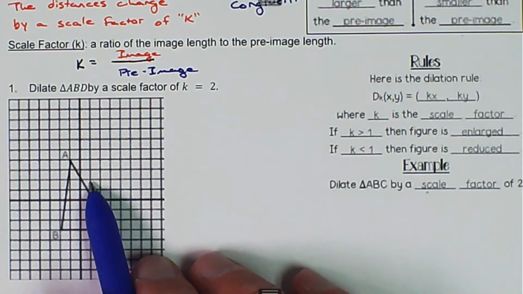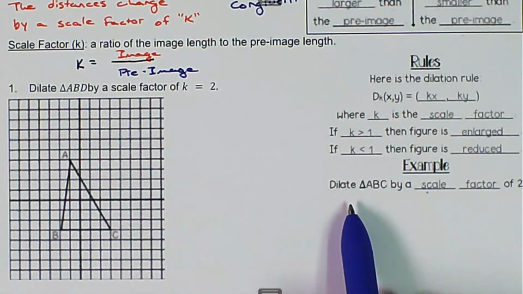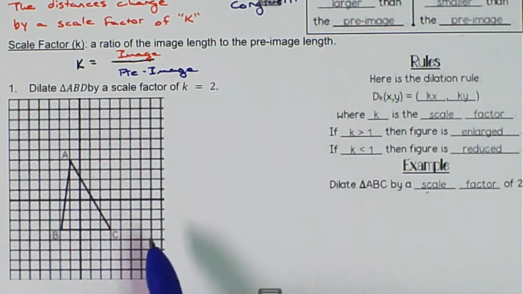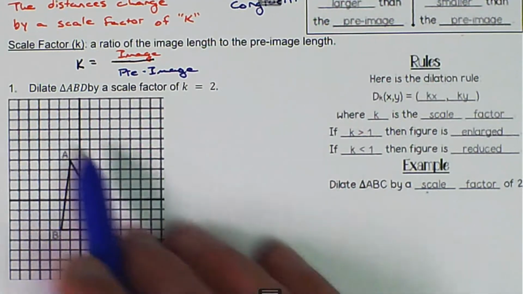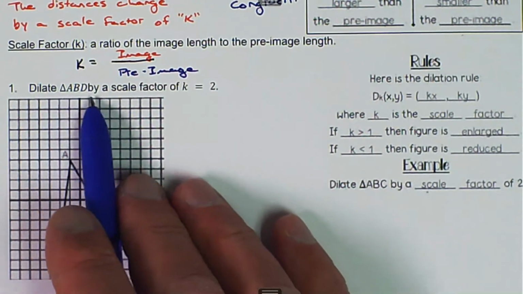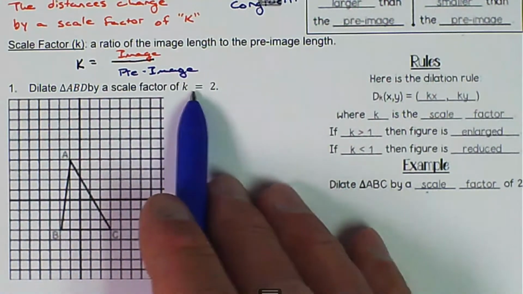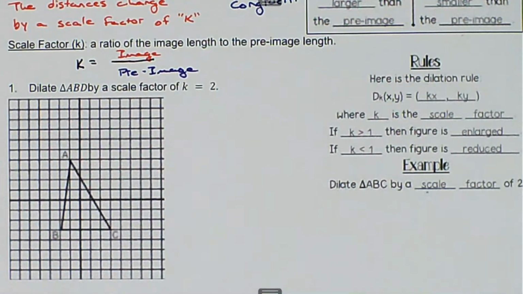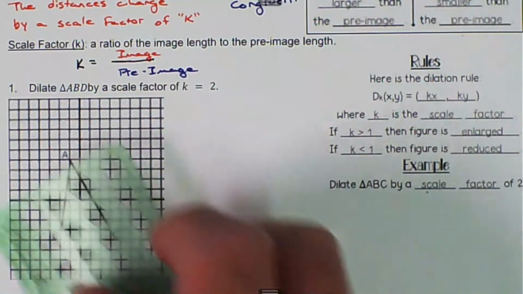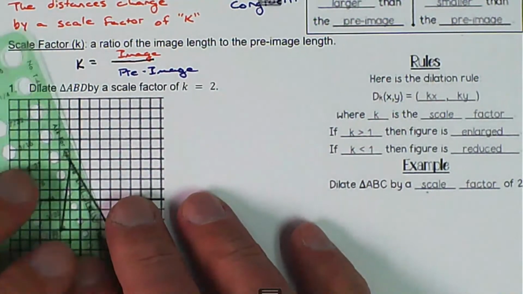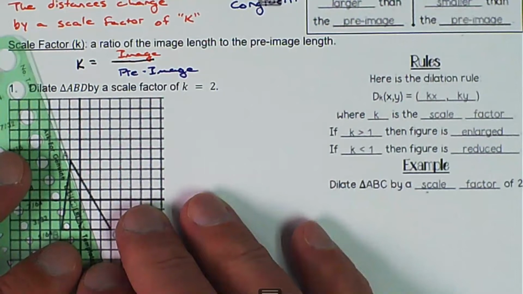So over here, it says dilate triangle ABC by a scale factor of 2. Or here we have dilate triangle ABC by a scale factor of K is equal to 2. So the way that I like to dilate an image is I just draw straight lines from the origin.